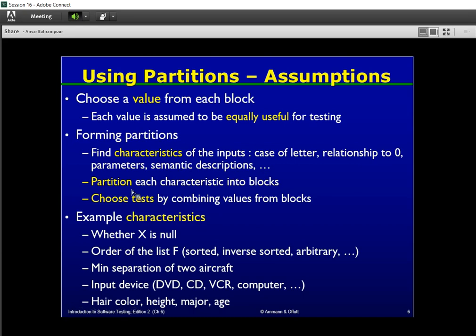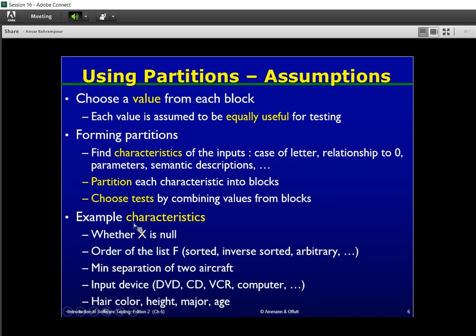The second responsibility is to partition each characteristic into blocks, and form a set of blocks. As I told, each pair of them should be disjoint, and all of them constitute the universal domain D. And choose test cases or test sets by combining values from different blocks.